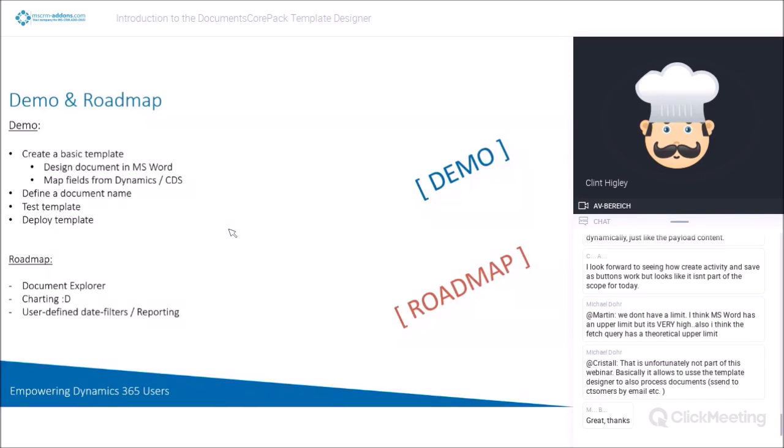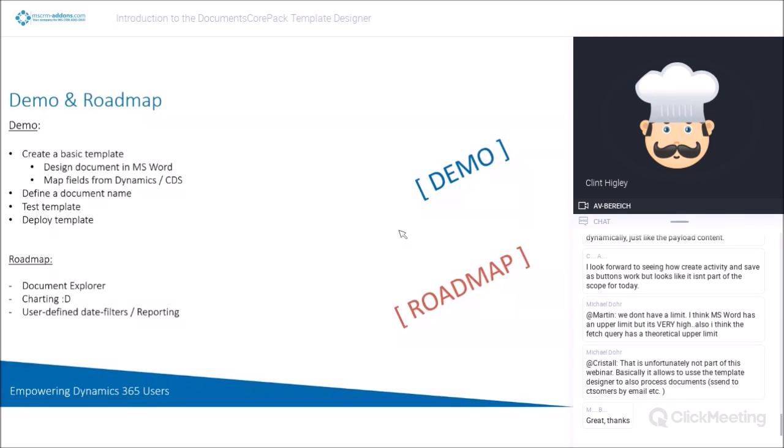The roadmap that's happening. Number one is the Document Explorer. So Document Explorer, what is that? As you see on the one side, we have all our mail merge fields and everything like that, and we insert them.